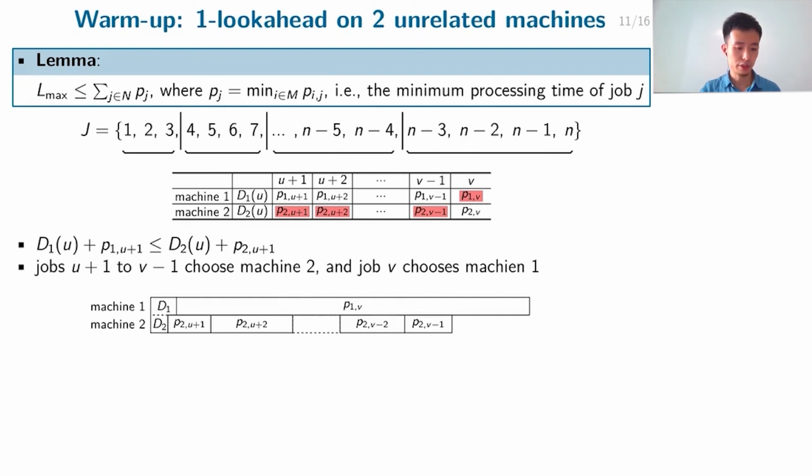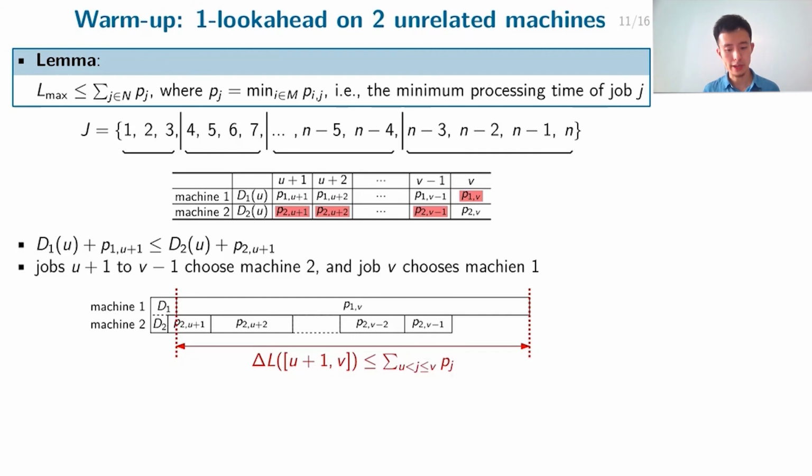So we capture this group of jobs, and we will show that the mixed span created by the jobs from U plus 1 to V is at most the sum of minimum processing times of these jobs. After proving this property for each group, we combine all groups together, and we can see the lemma is true.